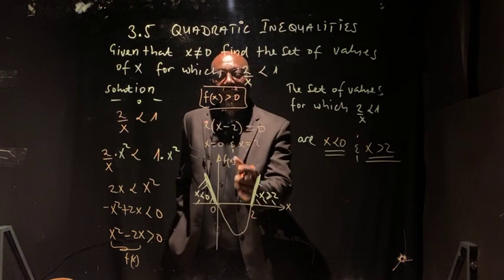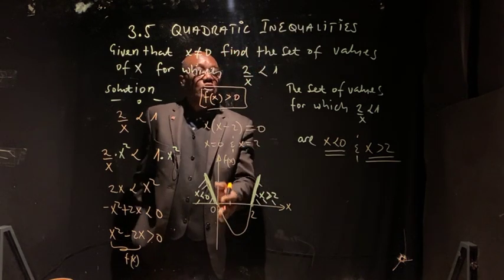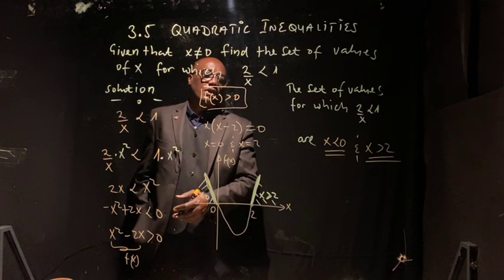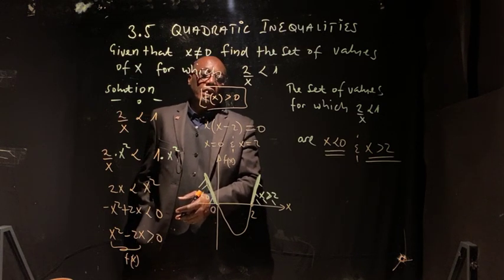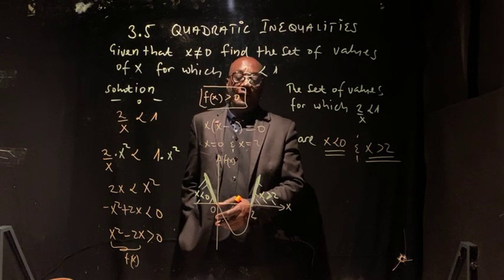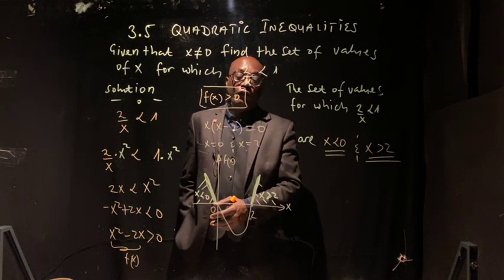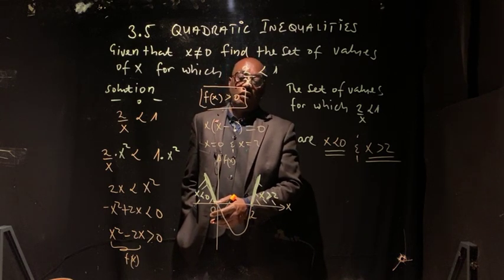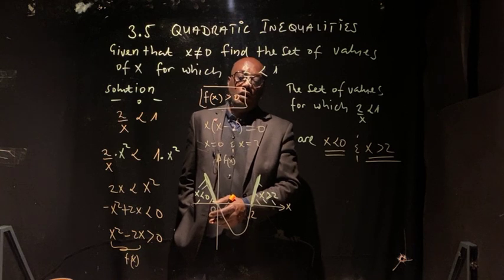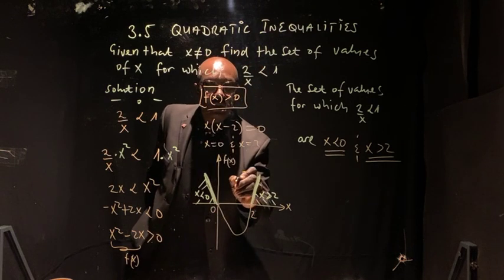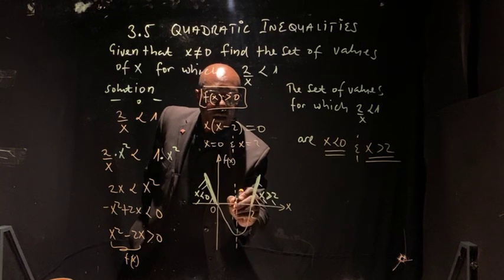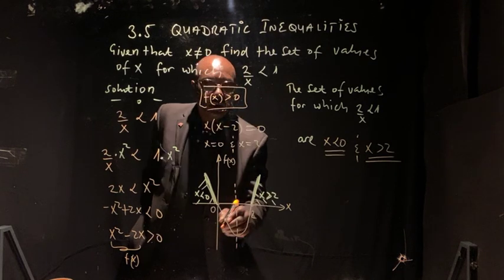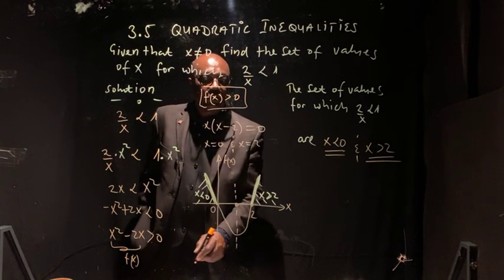Sometimes they will add some other questions on top. For instance, they will ask you to find the y minimum, and they will also ask you to find the symmetry of the curve. Of course, the symmetry of the curve is here, this value.